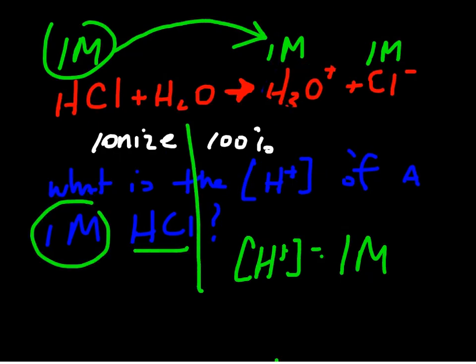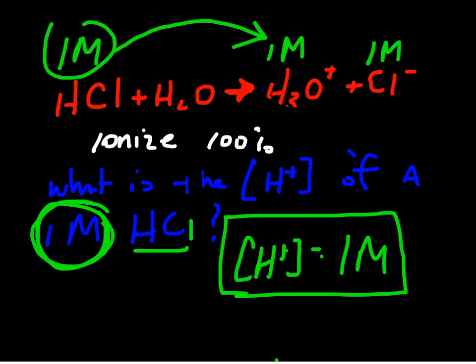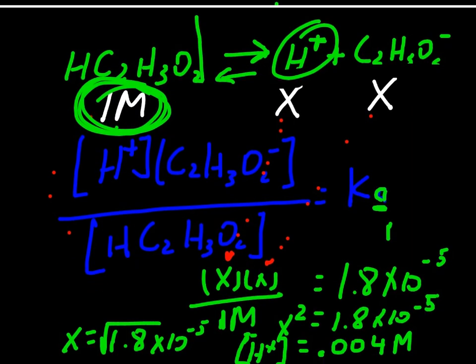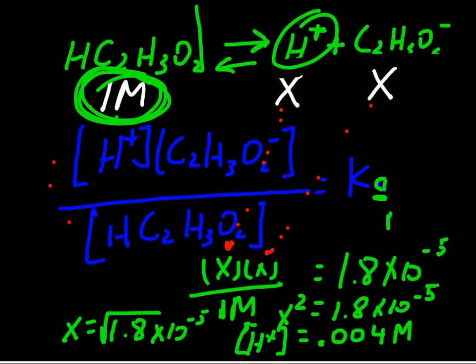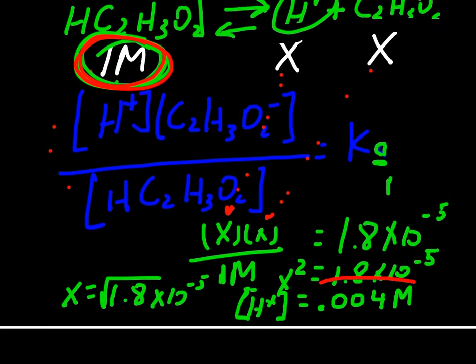Here, where I had a weak acid, a 1 molar concentration of a weak acid ended up giving me 0.004 molar of the hydrogen ion in solution. So that was consistent: weak ones don't produce as many hydrogen ions in solution.